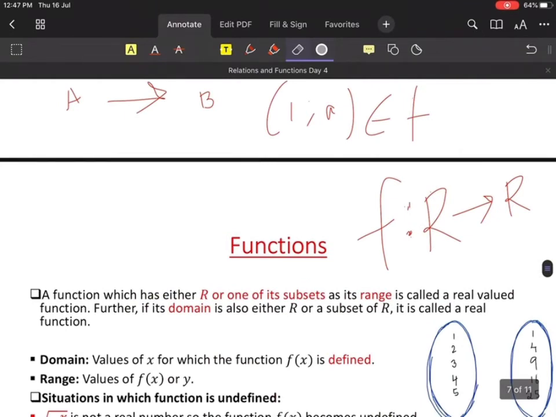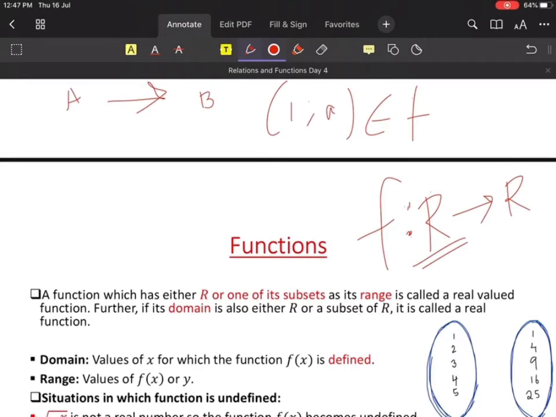Yes. So, F of real numbers to real numbers means this real number gives you what? The domain of the function, and this R gives you what? Please tell me. This R gives you what? What does it give? Very, very good.